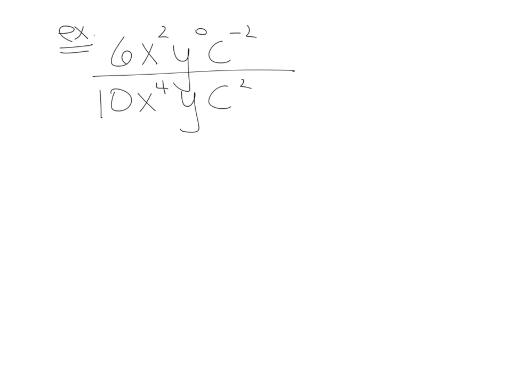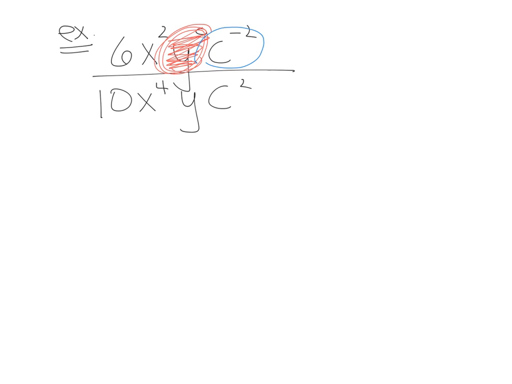Whew, this is a mess. Let's see what we can clean up. 6x squared, y to the 0, c to the negative 2, all over 10x to the 4th, y, c squared. Looking at this problem, what's the best thing that I see in this whole problem? y to the 0 power, because it equals 1, so it's gone. What's the next thing that I notice?